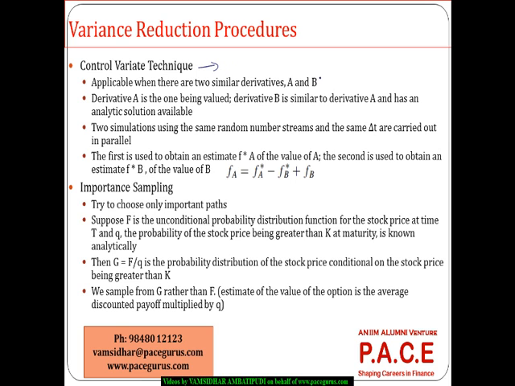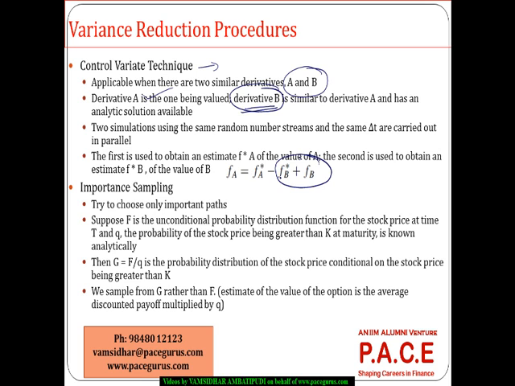So when there are two similar derivatives A and B, for derivative A, American and the European options, I have used the valuation for derivative A and B, both of them, and derivative B, I'll choose the one that is having an analytical solution. And from there, I look at the gap between the analytical solution and the simulation one.